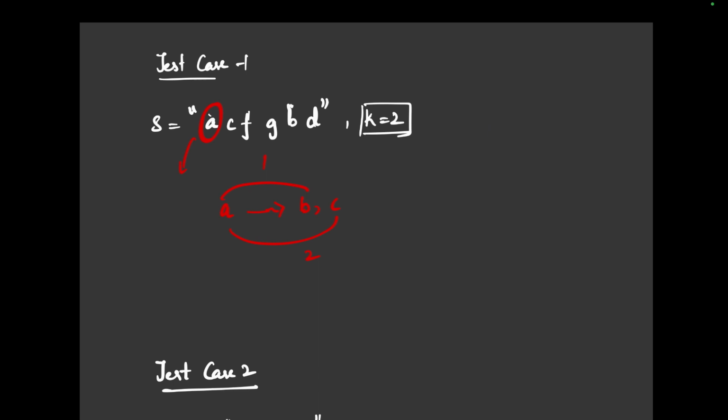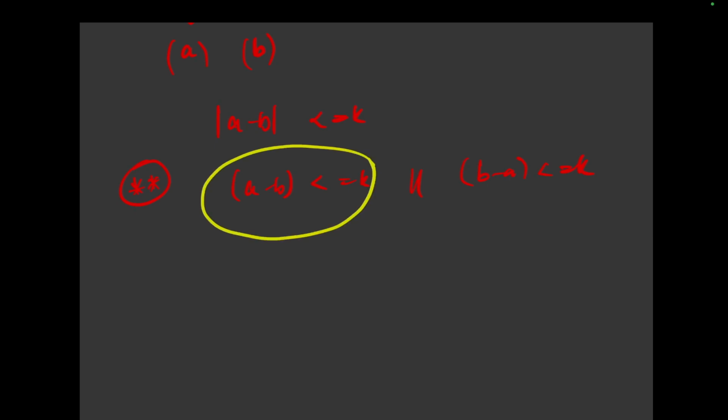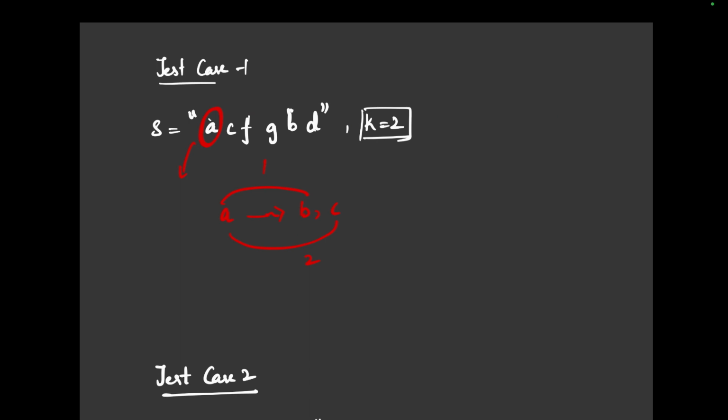Why? Because I told you in the previous section, if mod A minus B is less than or equal to K, you can go A minus B less than or equal to K or B minus A less than or equal to K. So I can go right or I can go left. Left is null, because there is no cyclicity in the English alphabet letters.